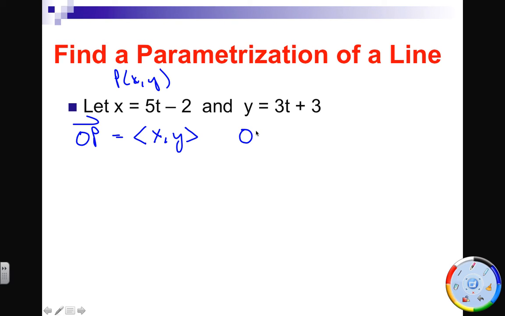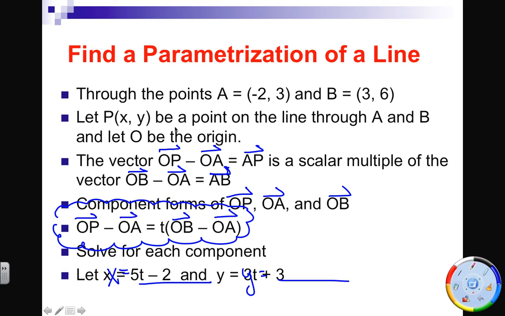And then OA, oh, sorry, I did the wrong thing here. This is the problem we should be doing: negative 2, 3, and 3, 6. I wrote the wrong problem down. I ended up actually writing the answer down.